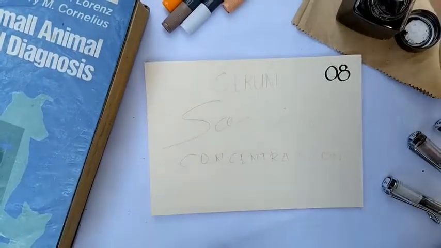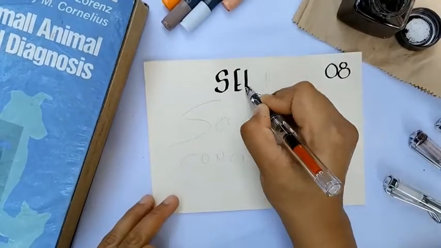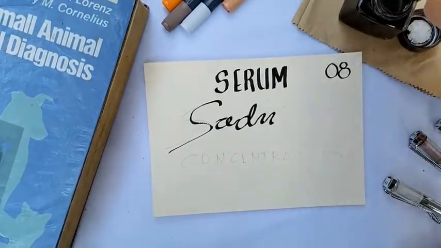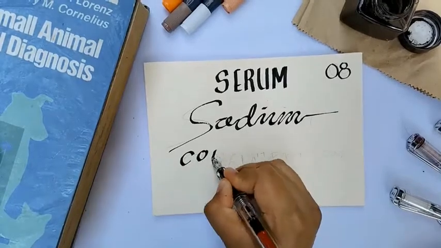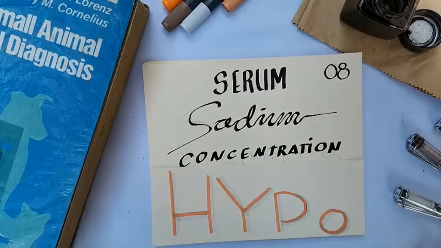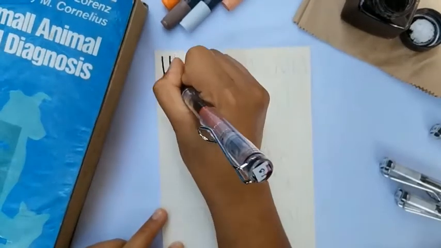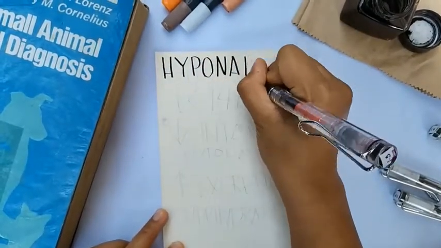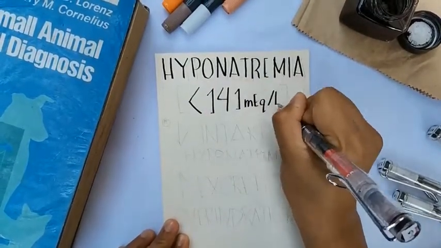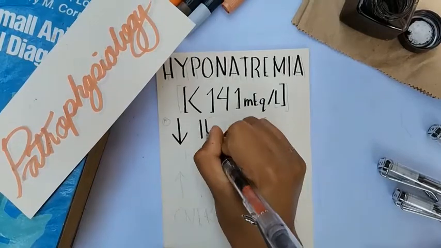Number 8. The serum sodium concentration. Sodium salts are primarily responsible for osmolality and are major determinants of extracellular fluid volume and distribution of water between extracellular and intracellular fluid. Hyponatremia is decrease in serum concentration below 141 milliequivalents per liter.